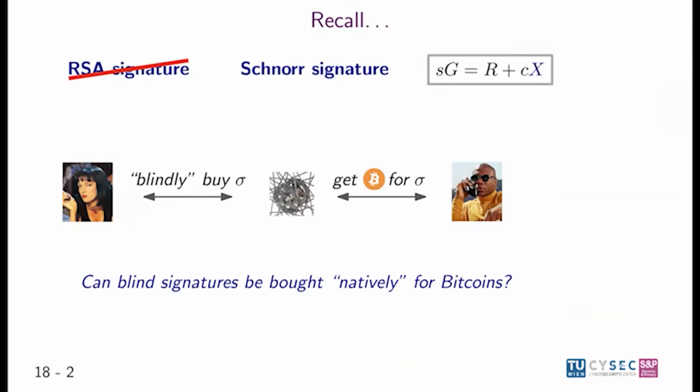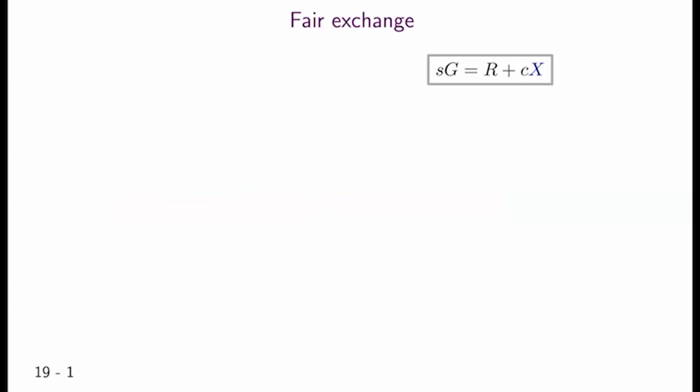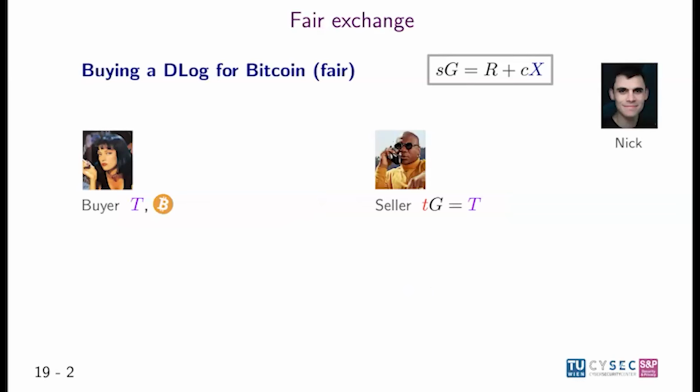A Schnorr signature is a pair (R, S) such that S times G equals R plus C times X, where C is the hash of Rx and the message, and X is the public key. That's all we need. In order to buy a blind signature, there's a sub-step, which is to buy a discrete logarithm. And that's all ideas by Jonas Nick.